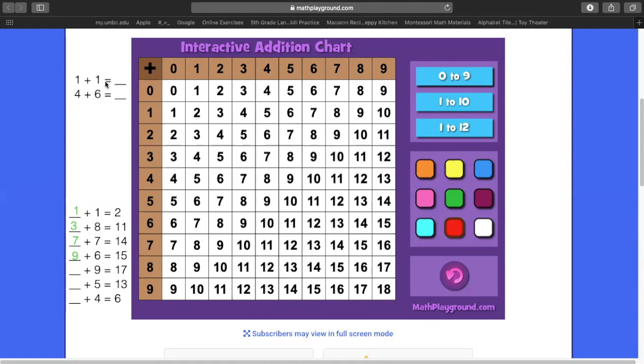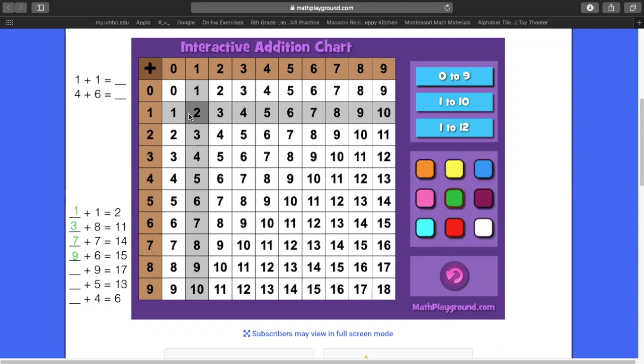Let's see. Devlin, can you help me with 1 plus 1? Okay, so where do I start? Do I find the 1 at the top? Yeah. And then I find the 1 on the side. And what's my answer? I want to put my favorite color. Okay, which one's your favorite? My favorite color is green and purple.